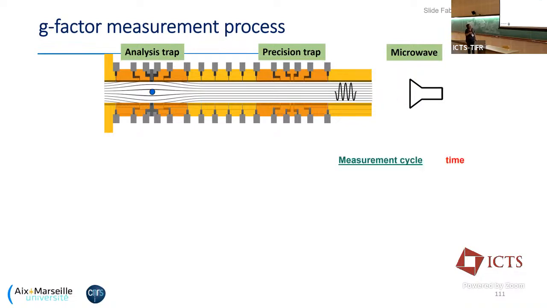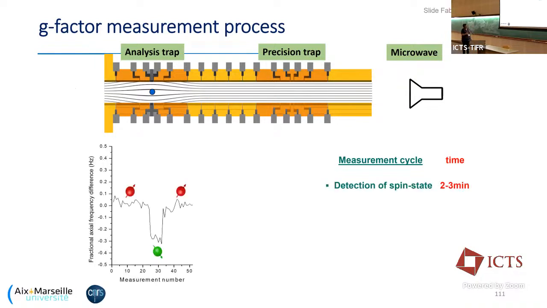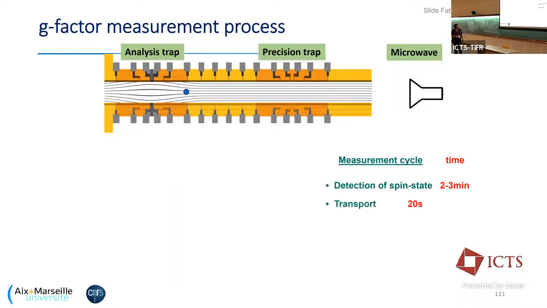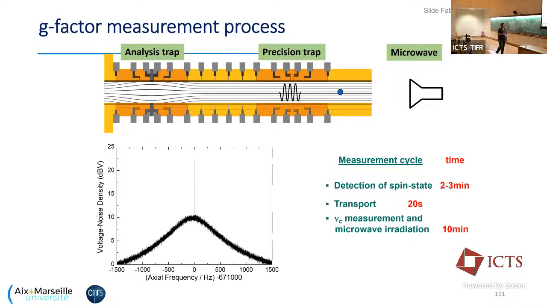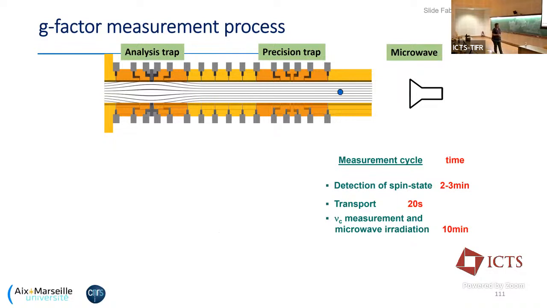So there are microwaves which are brought in from one side, and then there's a measurement cycle where the ion is excited by the microwaves, it's analyzed, we're looking for the spin flips, it's then shuttled to the precision trap, a measurement of the frequency is made, there's another microwave irradiation, and another transport.